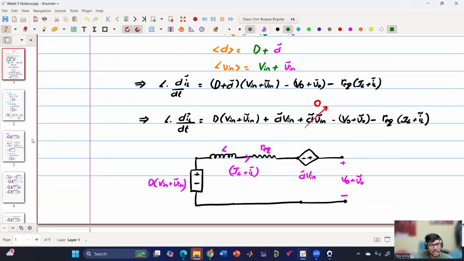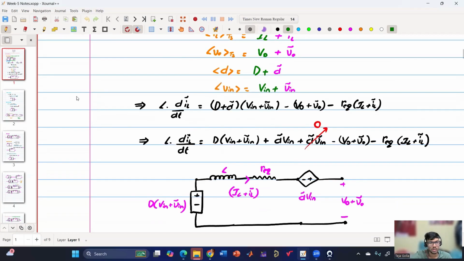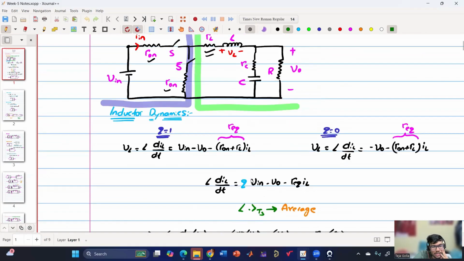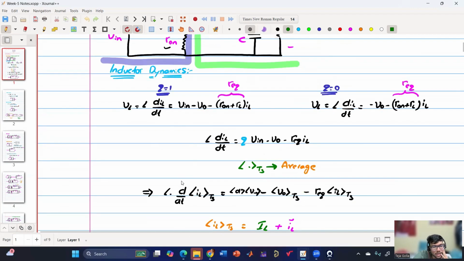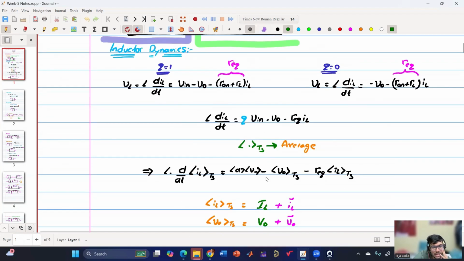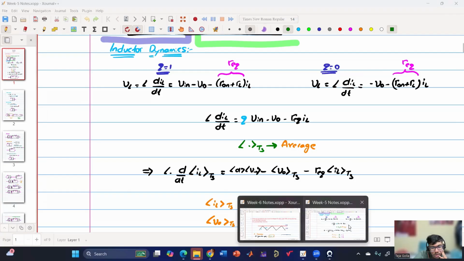So these are the inductor dynamics. I'm going to take the expression L dI by dt is d into V in minus V0. I'll ignore this expression.